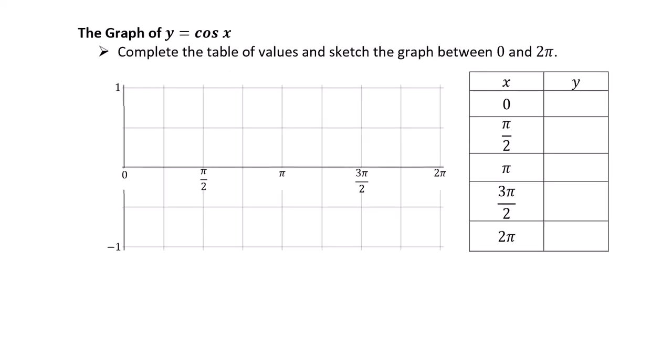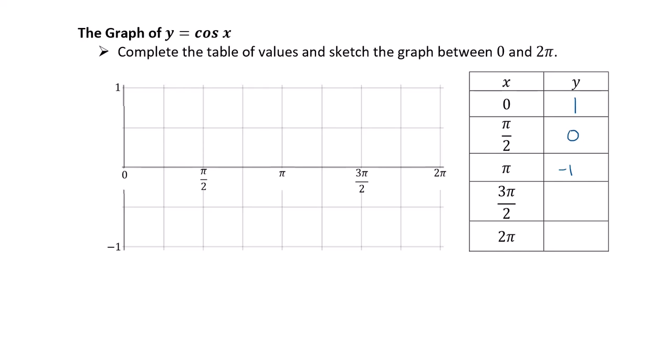The graph of y equals cosine x. Complete the table of values and sketch the graph between 0 and 2 pi. Cosine of 0 is 1. The cosine of pi over 2 is going to be 0. The cosine of pi, negative 1.